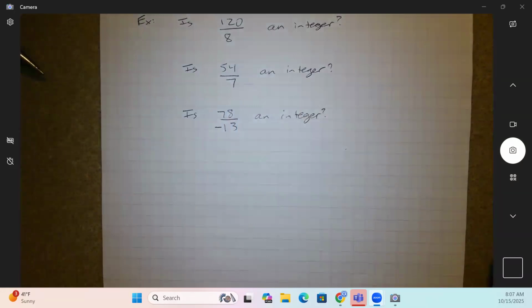You can check those by guessing and checking. You could say, I think 120 is divisible by 8 because 8 times 12 is 120, and check it. Oh, no, it's not big enough. What about 8 times 14, etc.? Or you can count your way up 8s at a time. I'm going to pause the video, do this, and then by the time you unpause, I'm going to be answering these questions. All right, let's find out.